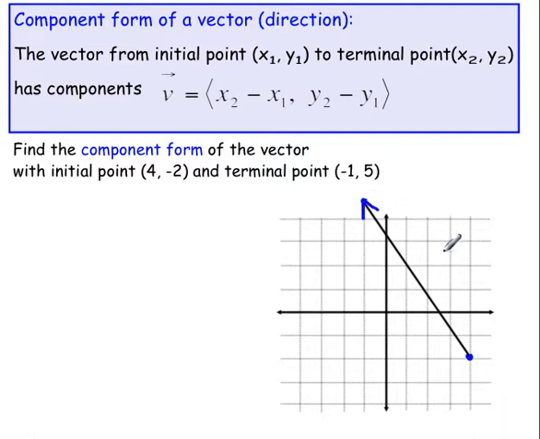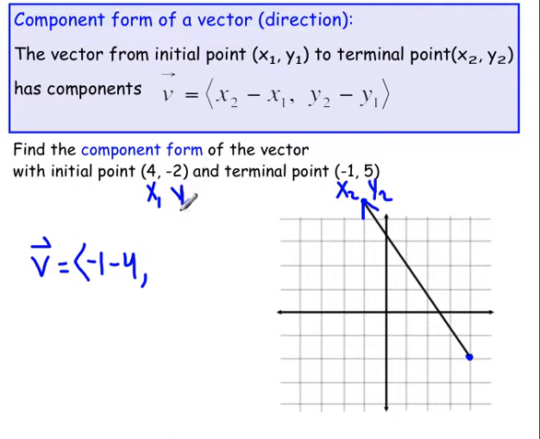So if we're going to find the component form, our initial point is our x1, y1. Our terminal point is x2, y2. So then our vector, if we call it v, pointy bracket, we're going to do x2, which is -1, minus x1, which is 4, comma, y2. Oh, what did I do up here? Why did I say 2?